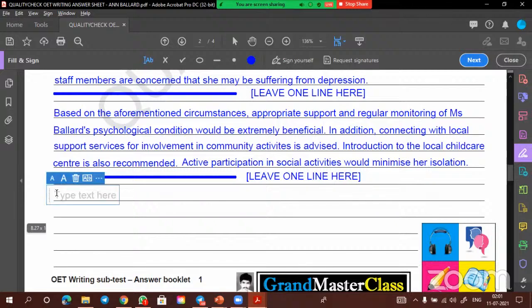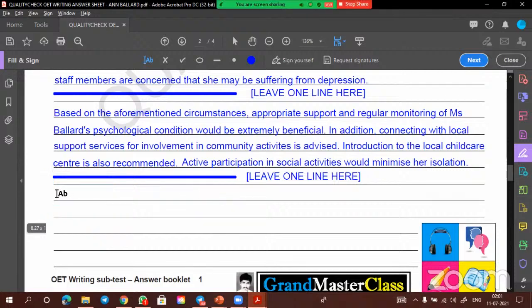Now two sentences you write in the conclusion.